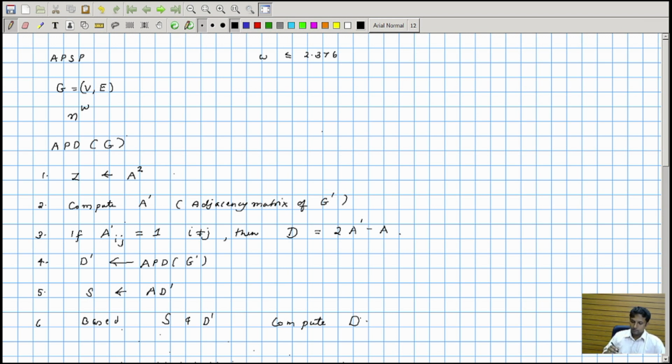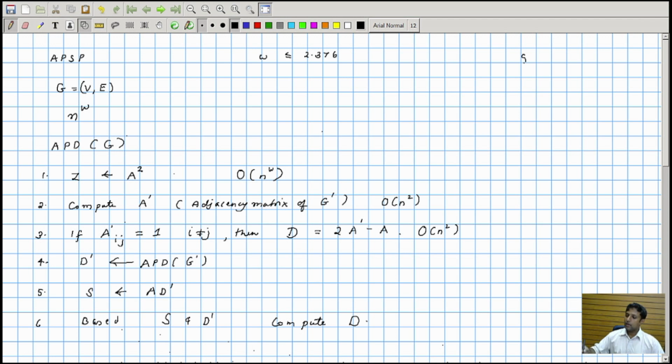And this algorithm can be analyzed easily. The first step requires order n power omega because it's a matrix multiplication. The second step looks at all entries in both Z and A, so that would take O(n) square. The third step would also take O(n) square. The fourth step will take time proportional to the diameter of the graph.